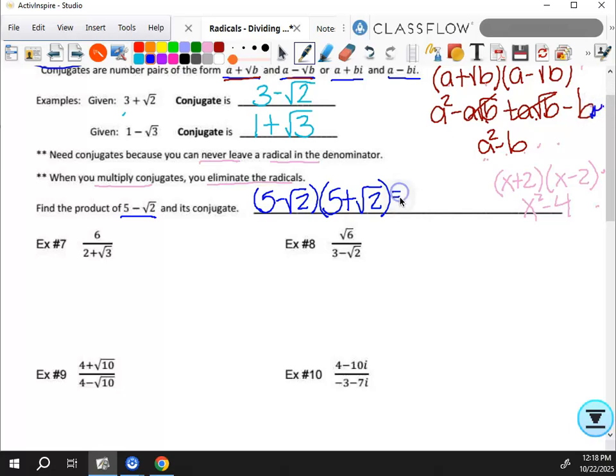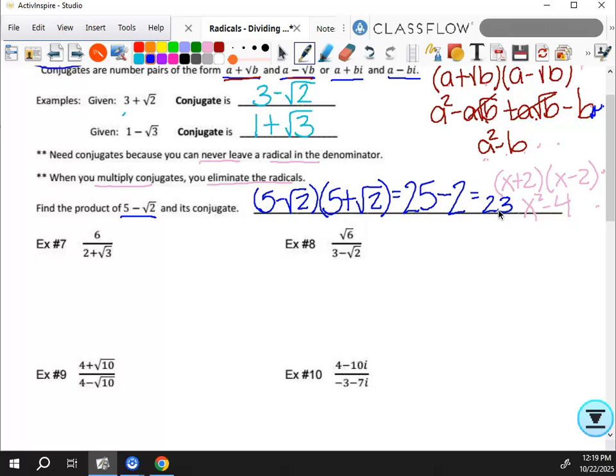I just square the first term, 5 squared is 25, minus the square root of 2 squared is 2, so I get 23. Okay, and that would be my answer. Everybody okay with how that works together? Remember, knocking the cobwebs off, right?